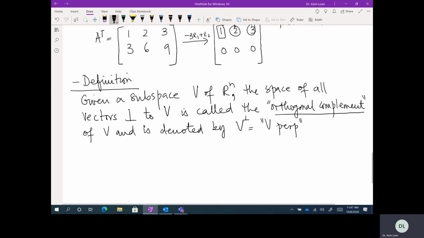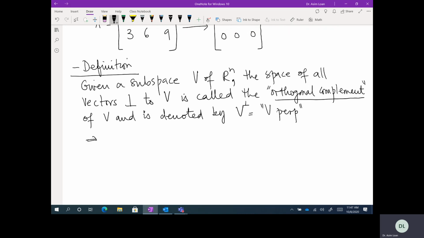Okay. So this implies the orthogonal complement of the null space is the row space, and the orthogonal complement of the left null space is the column space.